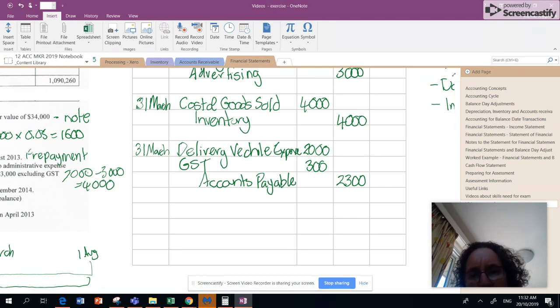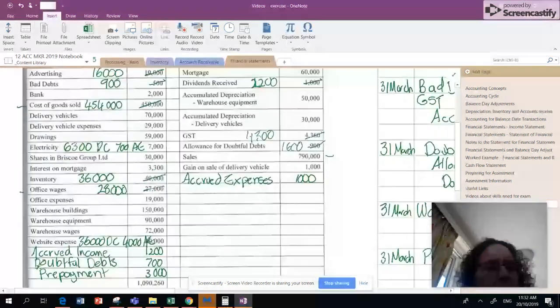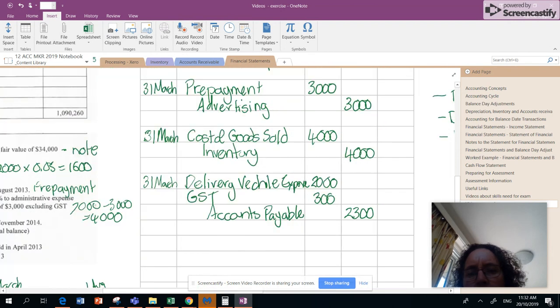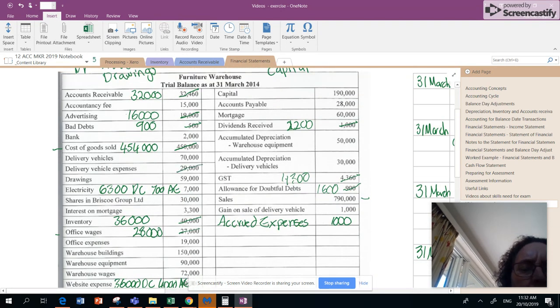Now we'll make our changes to our trial balance. Delivery vehicles expenses are going to increase by $2,000. So we'll get up to $31,000. Accounts payable is going to increase by $2,300.